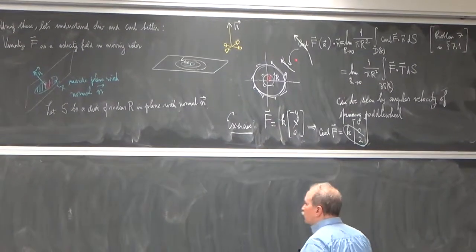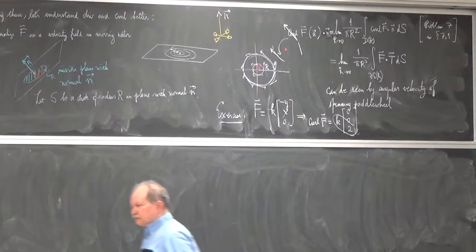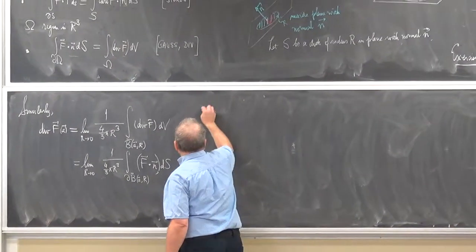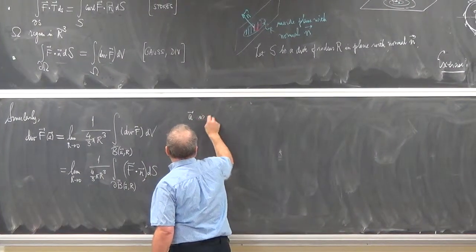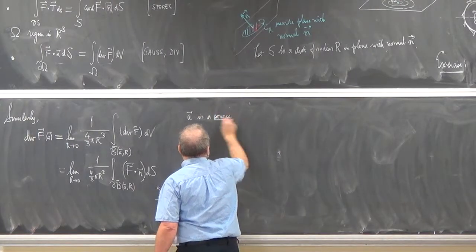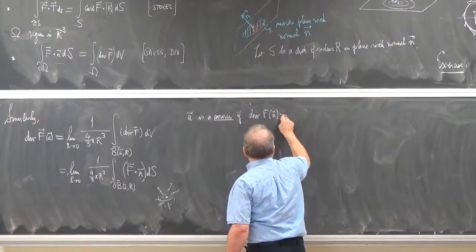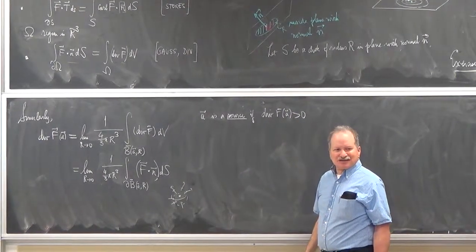So for that example up there, like the eddy, here would be 0 just because there's something coming out. That's right. So the analogous thing to look at here, we say A is a source if div F at A is positive. What's the opposite of a source?